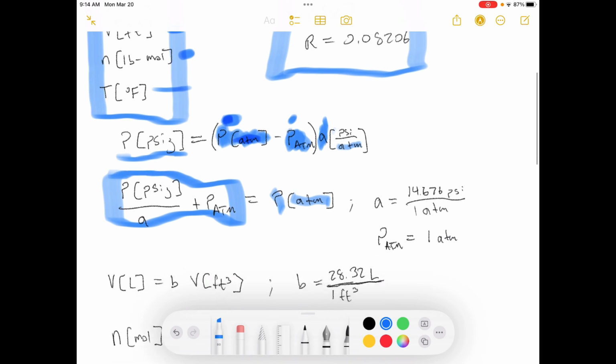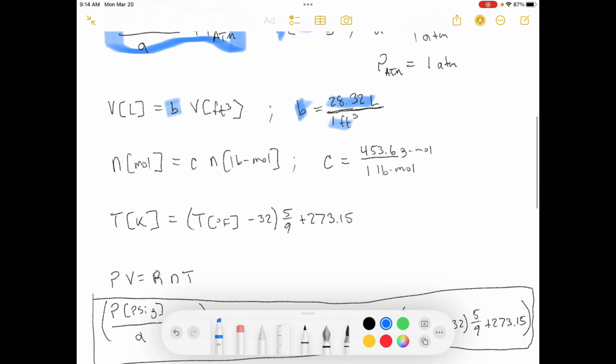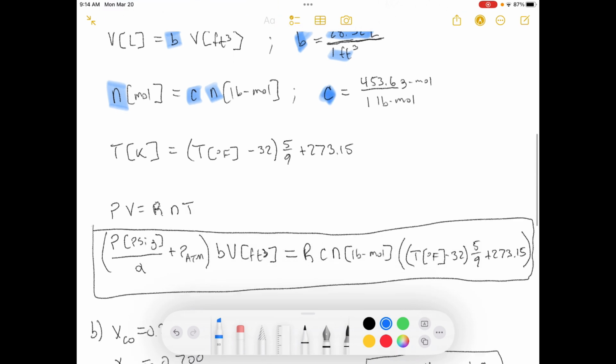Now we do the volume. This is pretty easy because it's just a unit conversion. I wrote B over here, and then this is the conversion factor. Same thing for moles. We just have a conversion factor to go between moles and pound moles, and that's C. Then we have the Kelvin temperature, and then we have this Kelvin conversion, which you should be fairly used to seeing by now.